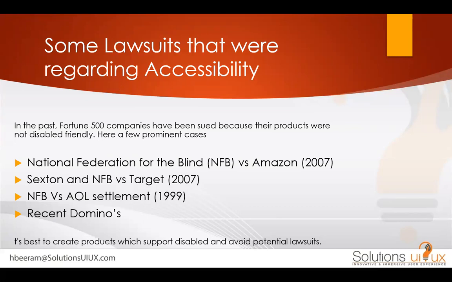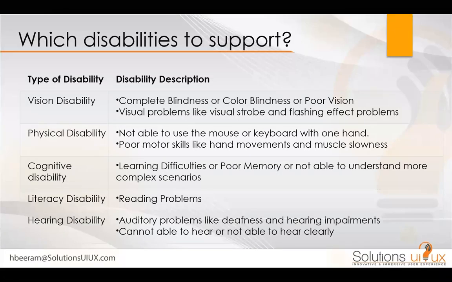National Federation of the Blind versus Amazon in 2007, and more recently Domino's and so many others. These lawsuits go into hundreds of thousands to millions of dollars. So a little investment from the company would definitely avoid all of that.